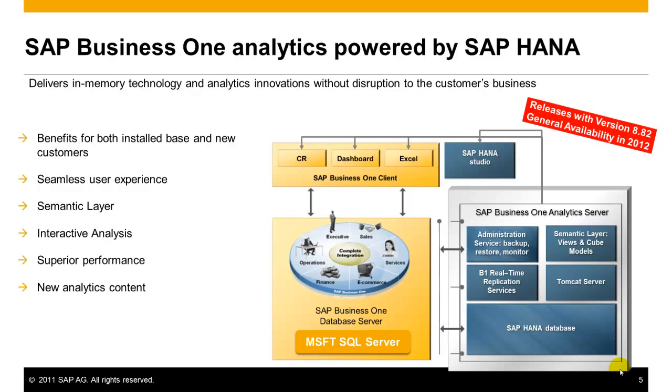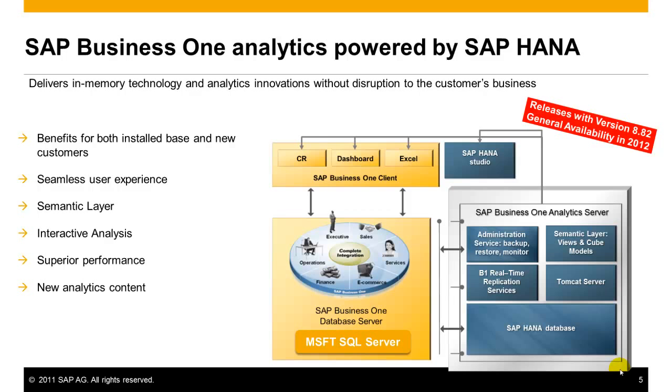We do that by moving very, very quickly and easily from the traditional model today that I just talked about, running on SQL Server, across to what we call the SAP Business One Analytics Server, where you had one server managing everything. You had the SAP Business One client and 3 tools for accessing that information.